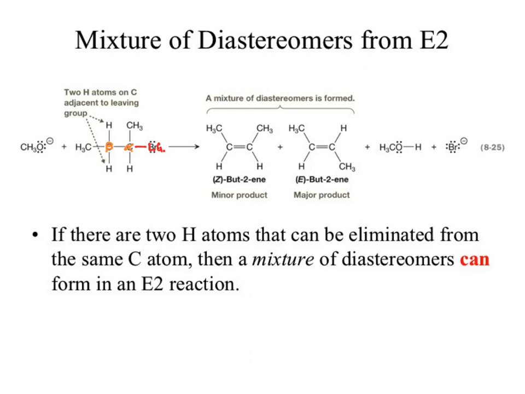Okay? In the case of those, which one would I prefer? I'd prefer the trans because that's the lowest energy. Okay? So just like the E1, if we have multiple hydrogens to remove, the E2 will get you a mixture of products. It's still going to largely favor the trans product.